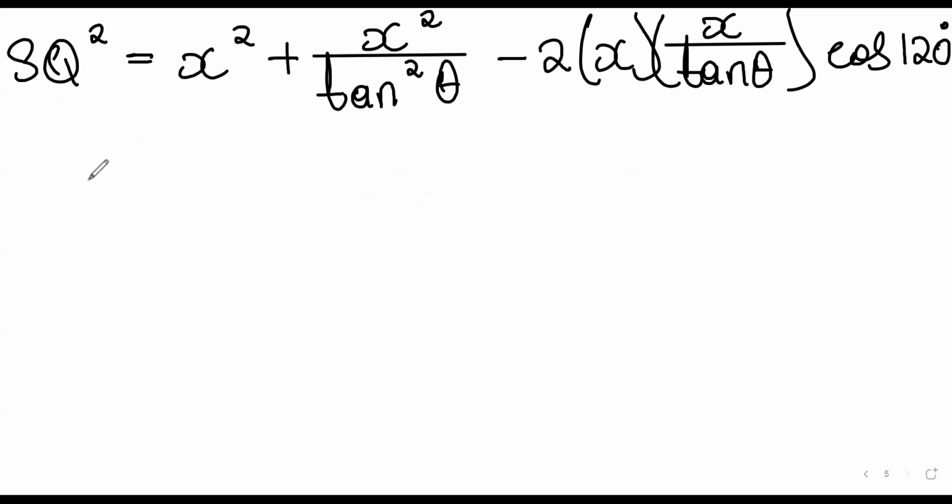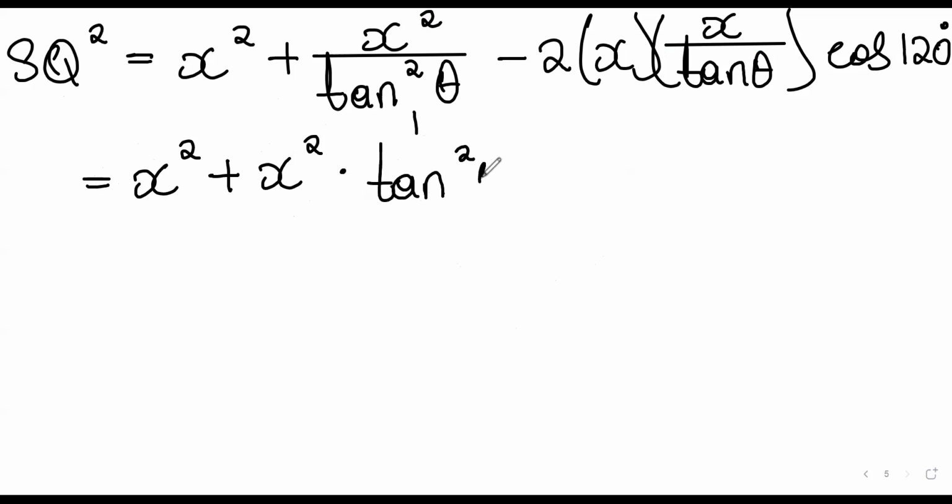So then, now you can come and say, well, what is it I see here? Well, nothing for the time being. So I can just write this as x squared plus x squared times 1 over tan squared theta. 120 degrees, we know that it is a big angle. It's bigger than 90 degrees, so we need to use the reduction formulae. And x by x will simply get x squared. So I'll just write the x squared here.